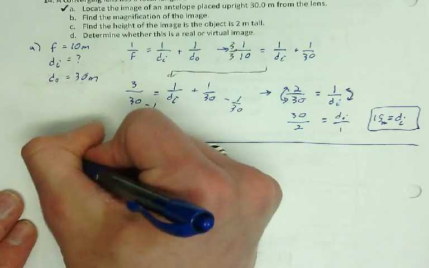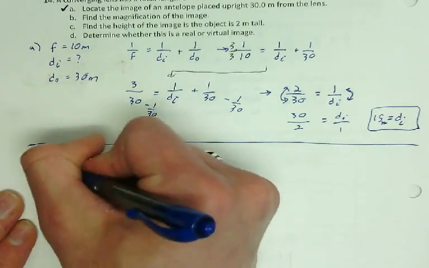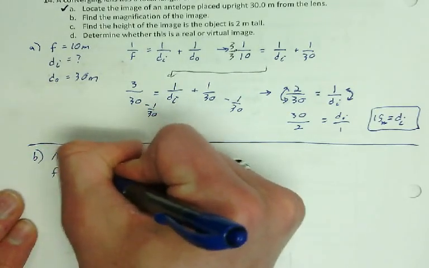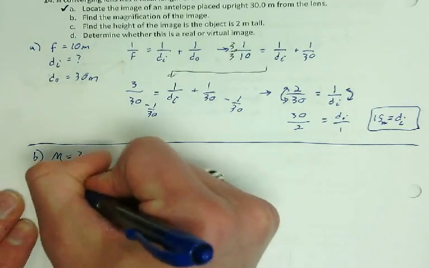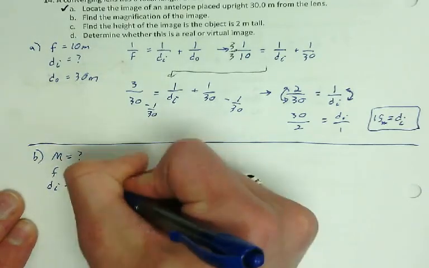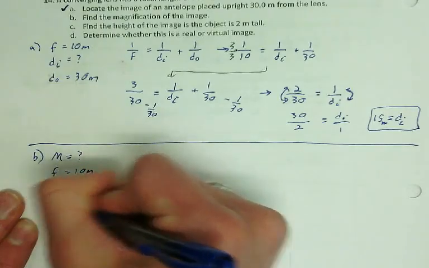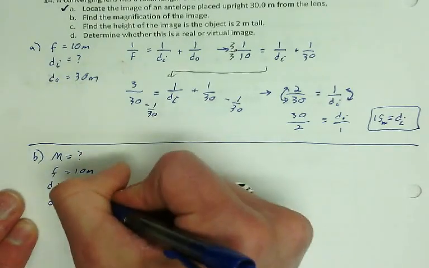So I need to know magnification. I already know F, it's 10. I already know DI, it's 15. I already know DO, it's 30.